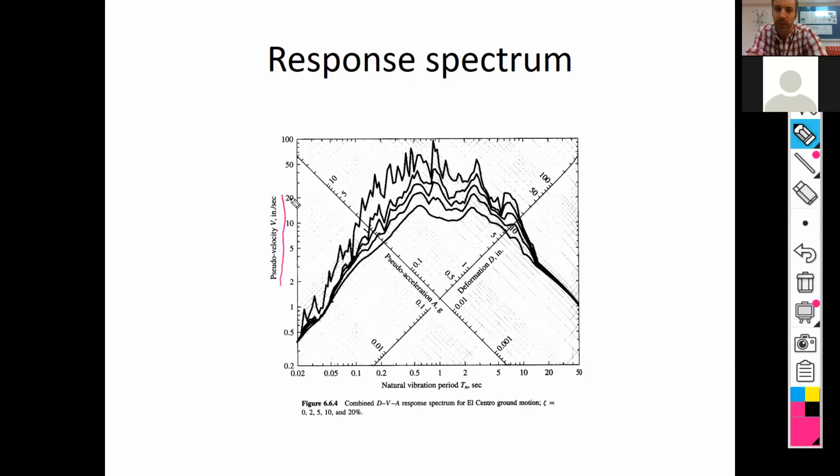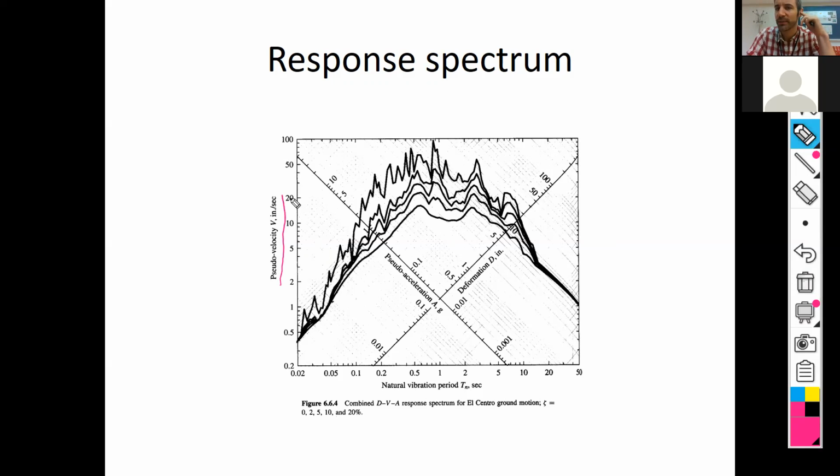So the Eurocode will give the acceleration spectrum. In the American, it's the velocity spectrum. And second is that the scale is logarithmic, okay? The European norm gives a linear scale. The American gives a logarithmic scale.